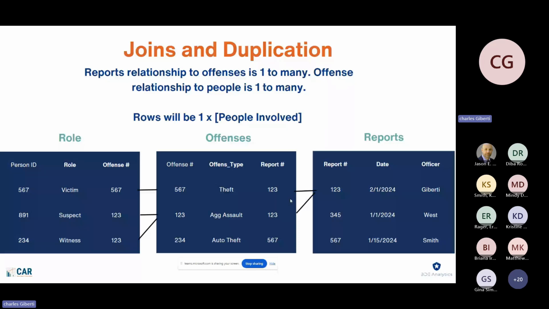It's now not going to be 1 times however many offenses there are. It's going to be 1 times however many people are involved. So if you have one report with 1 offense on it, but there are 5 victims to that 1 offense, in our resulting table, we're going to see rows with that report number 5 times on it, 1 for each victim of the report.